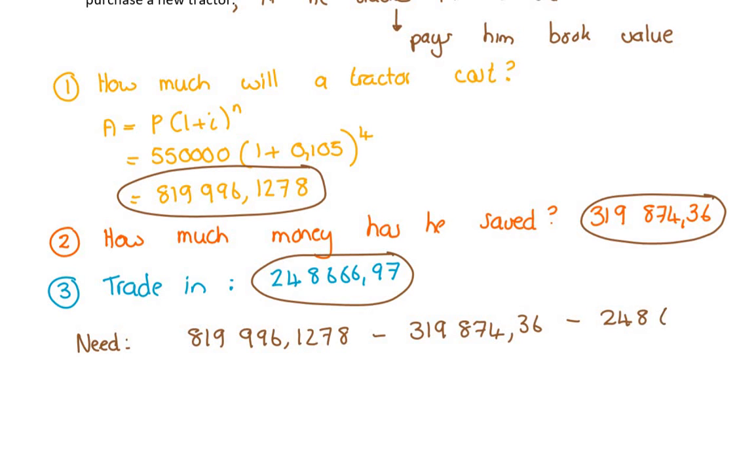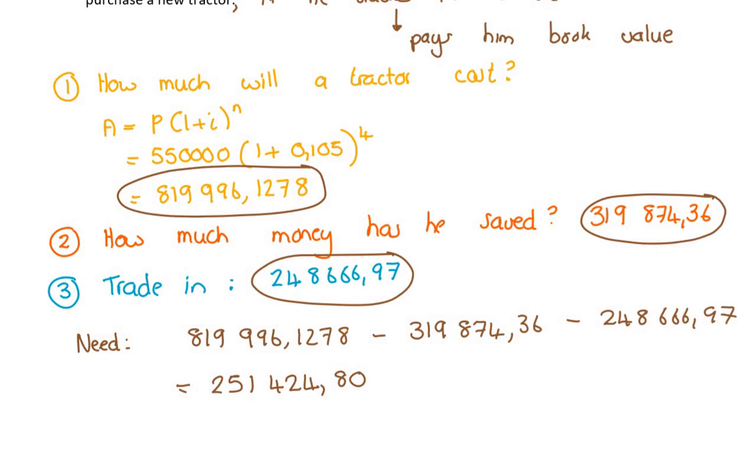So he won't have nearly such a big expense as we would have expected when we first did that calculation. So if I did that correctly, he actually only needs 251,424 rand, 80.